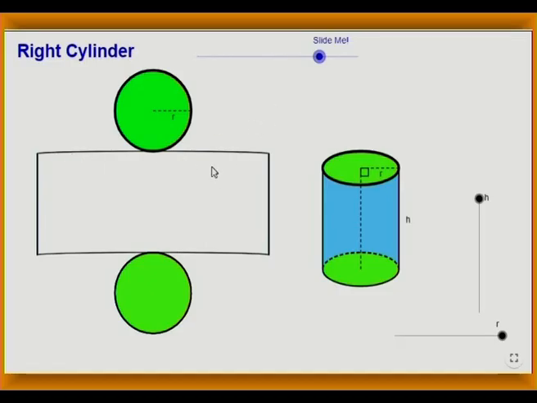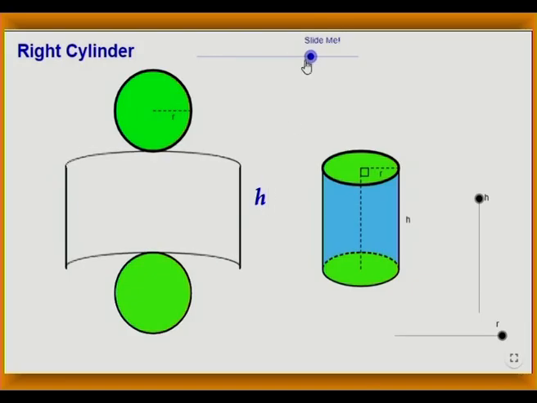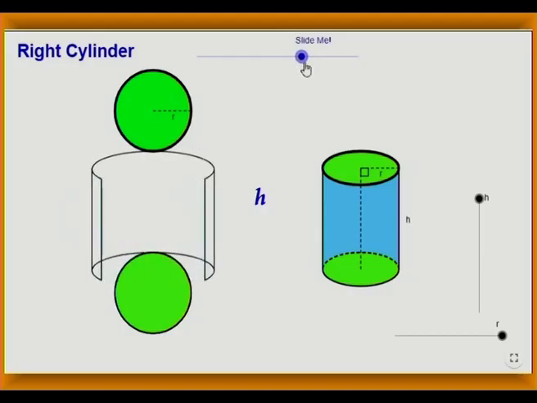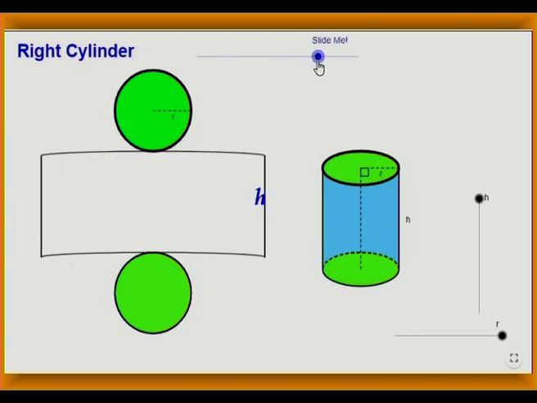Now, what about the dimensions of the rectangle? For that rectangle, the breadth will become h. Why? Because when we consider it in the form of a cylinder, the height of the cylinder becomes the breadth of the rectangle.